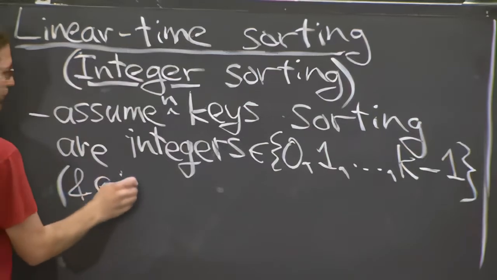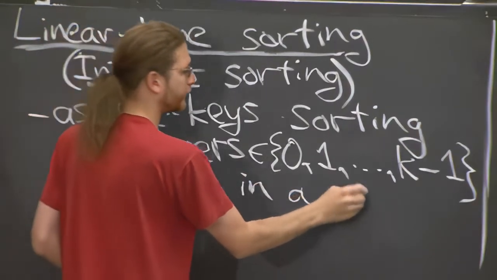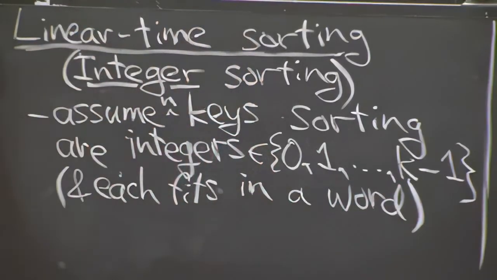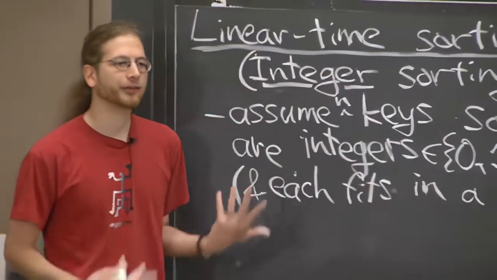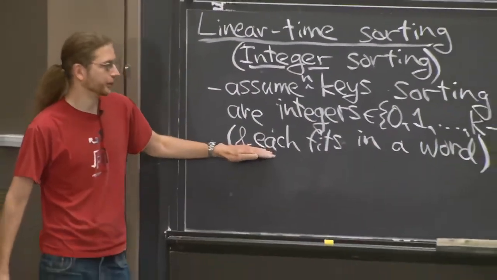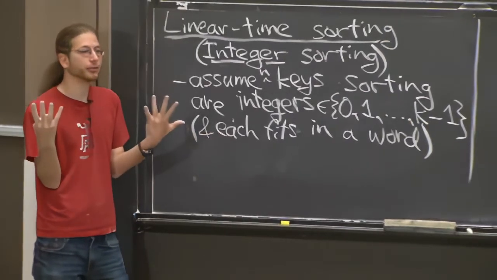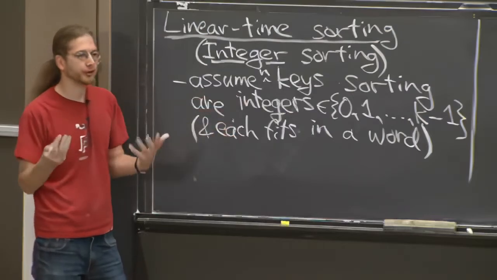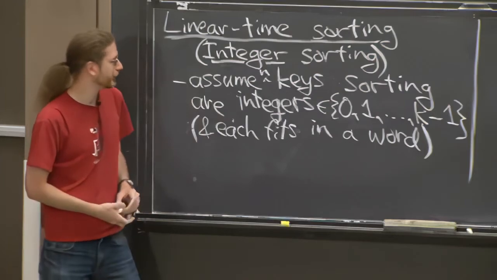and each fits in a word. Remember the machine word of your RAM machine? Words were the things that we could manipulate in constant time. Now, this is a very reasonable assumption because we've been assuming so far you can compare two items in constant time. To get that for integers, you need to assume that your integers are fitting in words. We usually don't state this assumption, but I thought I'd throw it in just for kicks.